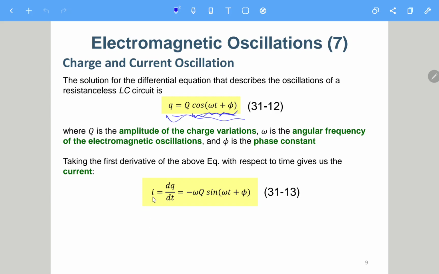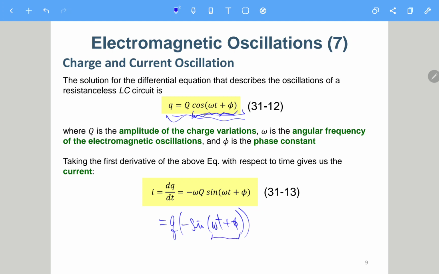Also you can see I equals dq dt. So you plug this in, dq dt, and cosine becomes negative sine of omega t plus phi, and then don't forget the chain rule.